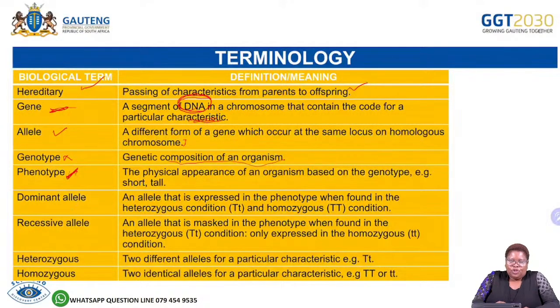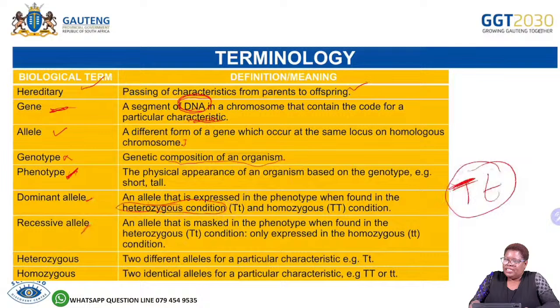Right? The difference between dominant allele and recessive allele. A dominant allele is an allele that is expressed in the phenotype when found in the heterozygous condition. For example, here I'm giving you the capital letter T and the small letter t. So the capital dominates.